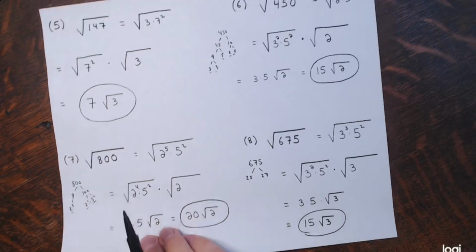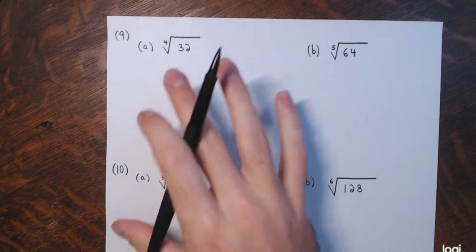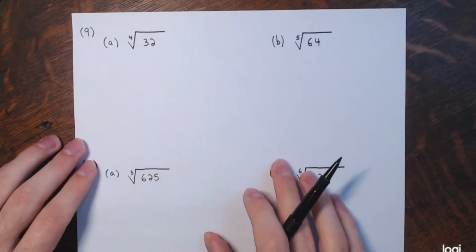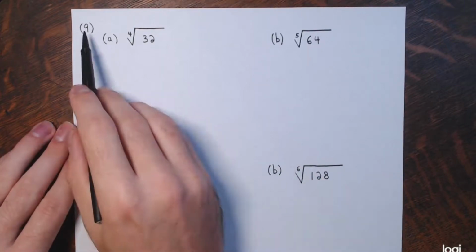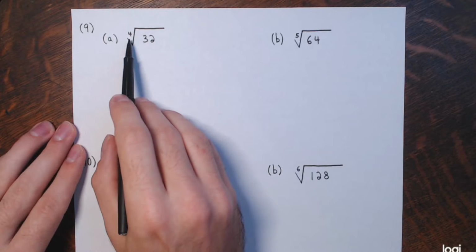But that changes when you have different roots, roots other than square roots. So my next examples are all like this, and this is where I'll start going back to the calculator to do some checking, at least just for this page. Alright, so number 9, part A. Pay attention. Now we have a fourth root.